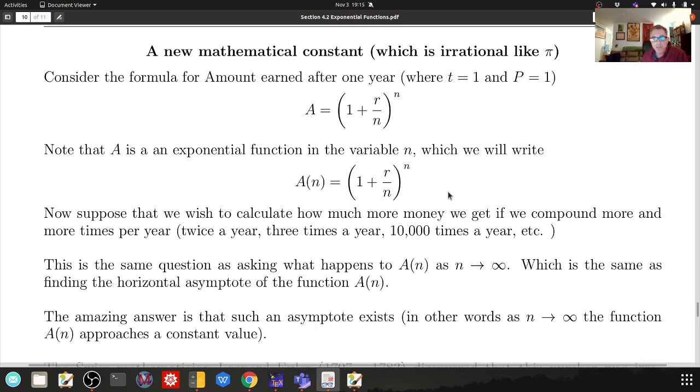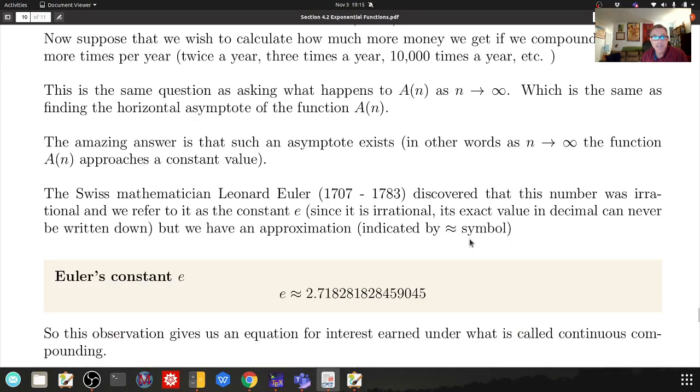And what we're literally trying to do is, since we're finding out what happens as n goes to infinity, what happens to a to the n, this is the exact same question as trying to find the horizontal asymptote of a to the n.